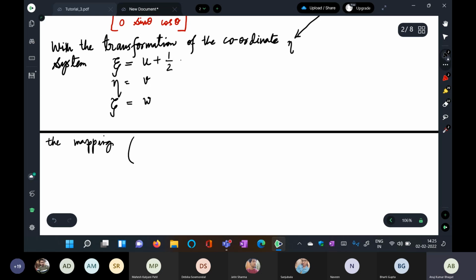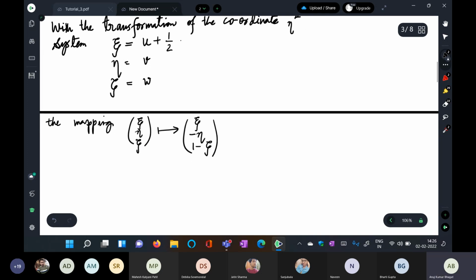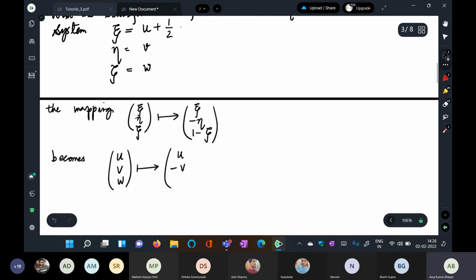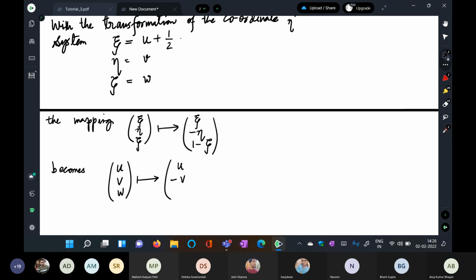What is the mapping I have? This mapping maps these points to minus eta and 1 minus zeta. So under this transformation, (u, v, w) maps to u remains u, this will become minus v. No, there is a problem, there is some problem.